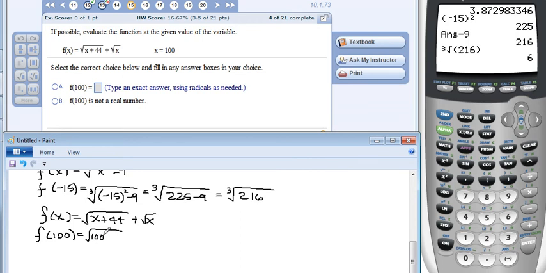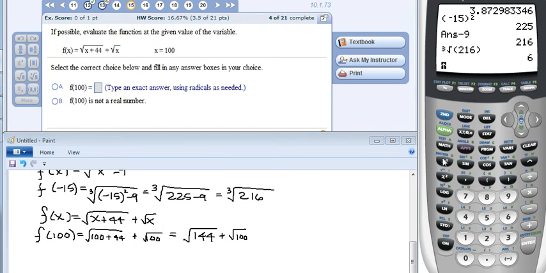So I've got 100 plus 44 plus 100. Okay? So I'm going to add these two for the square root of 144 plus the square root of 100. Square root of 144 is perfect. I'm pretty sure that that's 12. So we're going to just check that. So we're going to do 144.